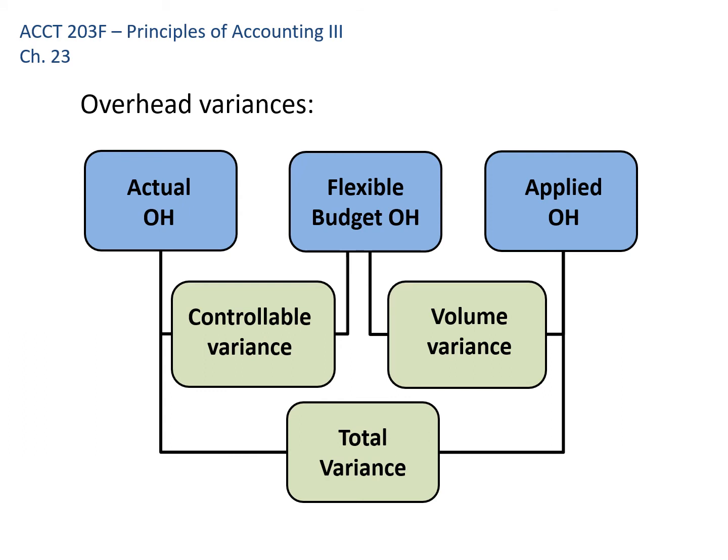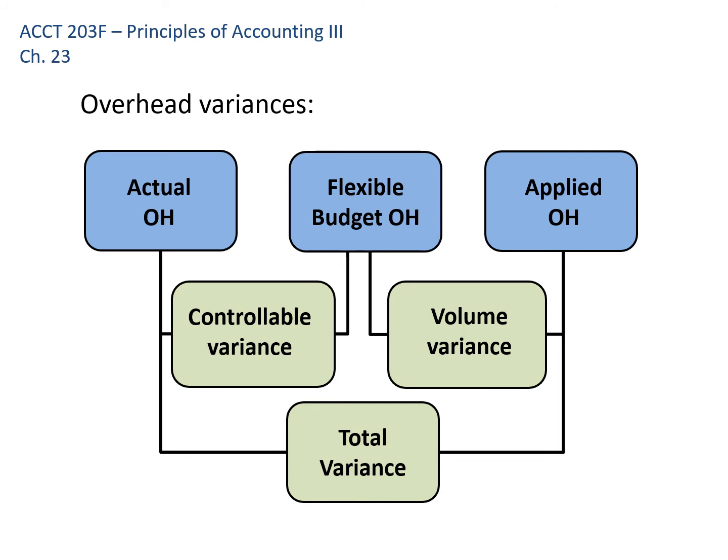For example, if we were applying overhead on direct labor hours, at 4 hours for each unit produced, and normally 100 units is our capacity but we only did 90, then it would be 90 units times the 4 standard labor hours per unit times our predetermined rate. So it's the amount of standard activity that would have occurred under the actual volume.